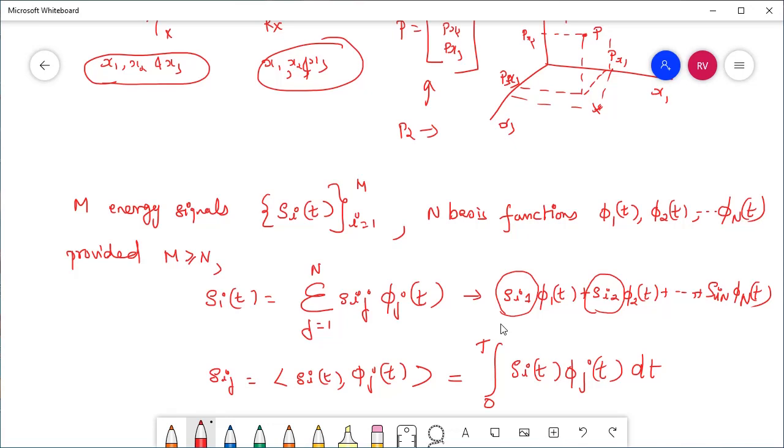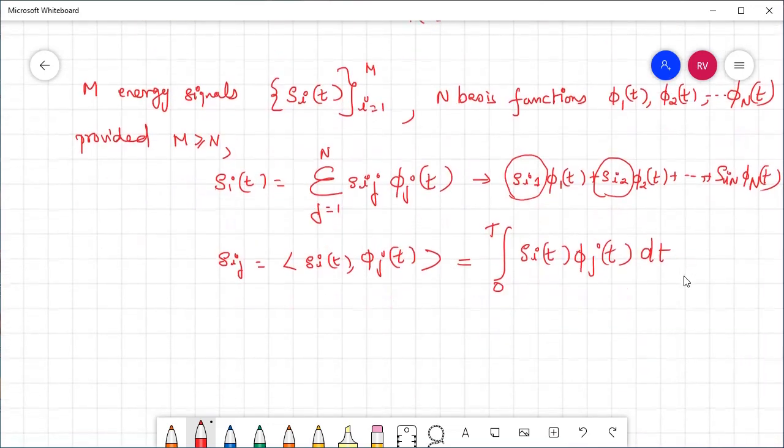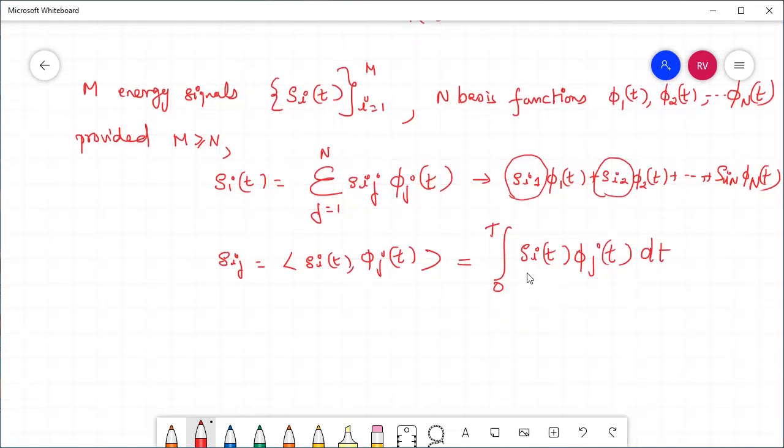What you are doing is simply multiplying the functions point wise, then you get some other function, and you integrate that function over a period, that will give you the inner product.